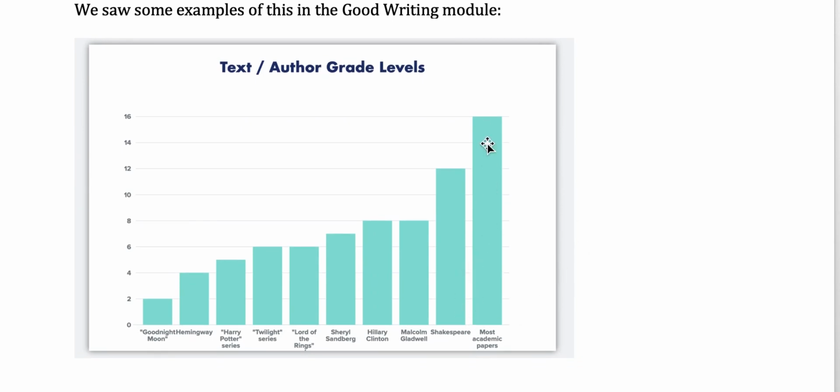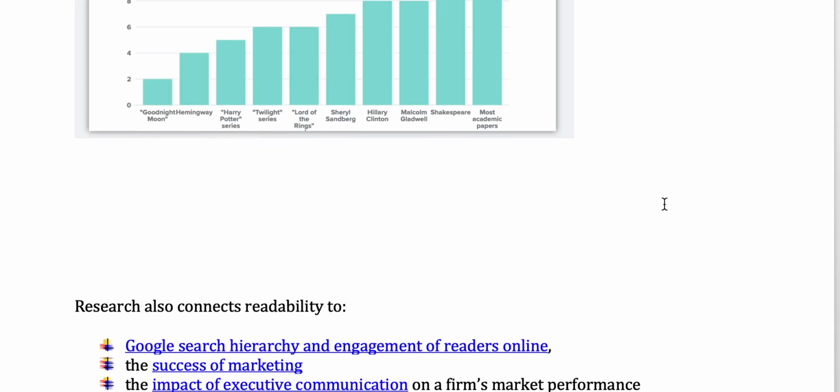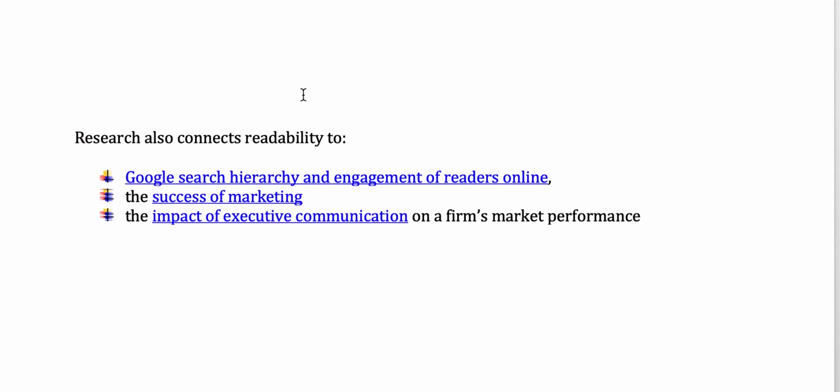Academic papers, which are not exactly bestsellers, tend to be pretty high in readability score, usually about 16th grade, which means you're heading into grad school. But if we look at other things like Harry Potter or Twilight, they're much more readable. And by the way, it's not just for publishing that this matters. Readability is positively associated with Google search ranking and engagement of readers online.